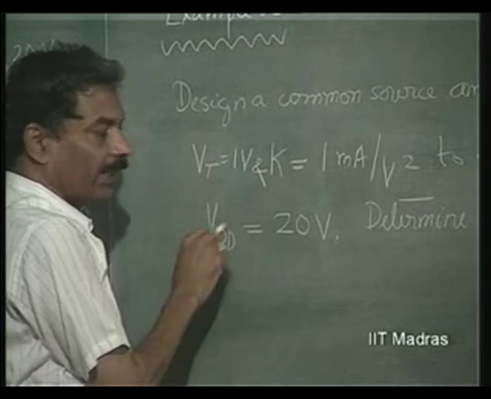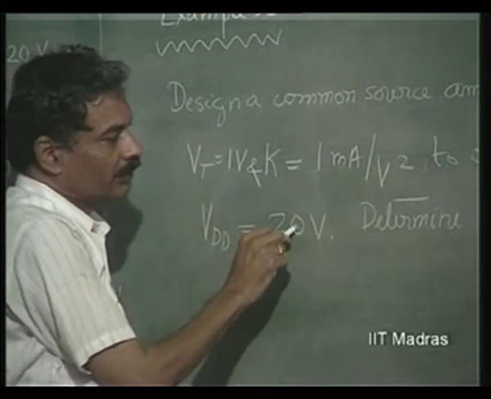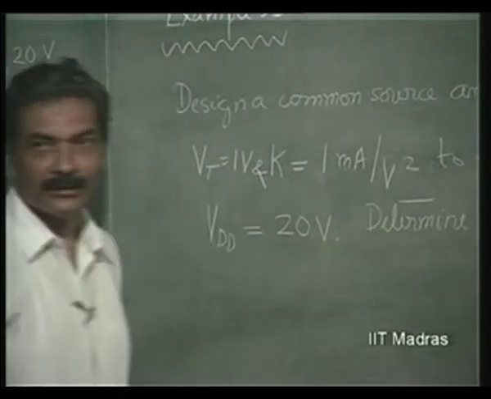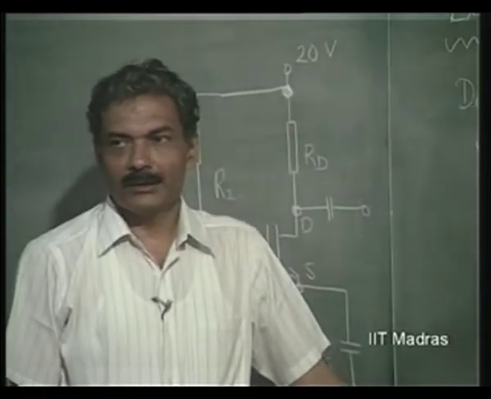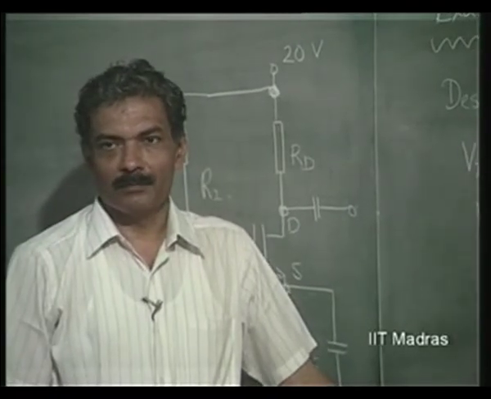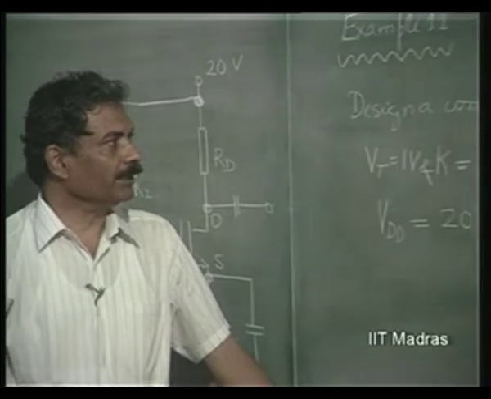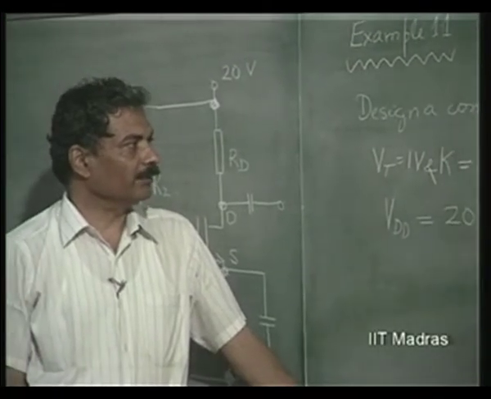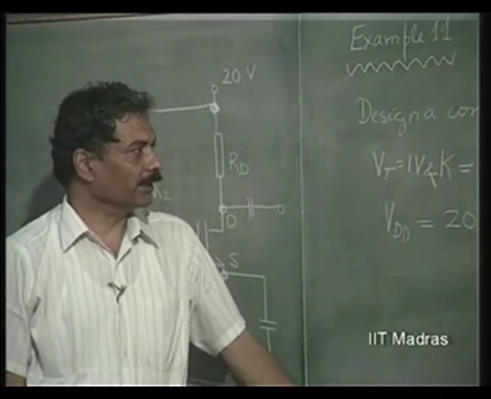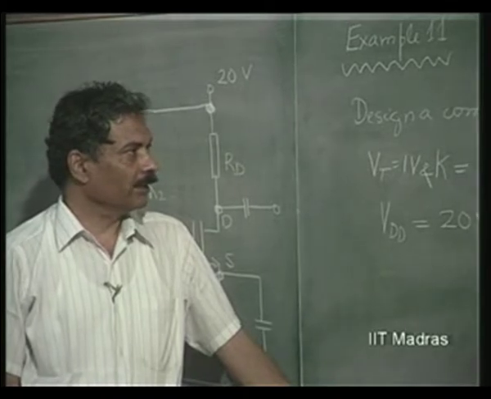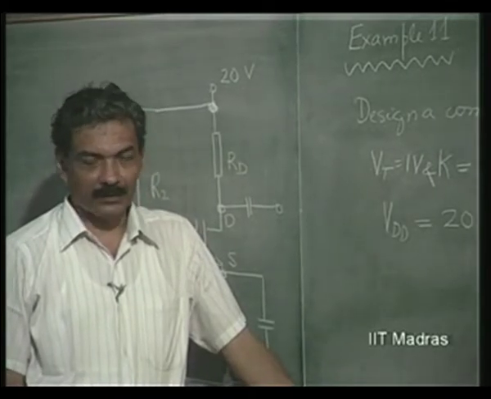VDD is given as equal to 20 volts. Determine its voltage gain. So this is the problem. So let us see how we can go about designing this in a fairly simple manner without much difficulty.